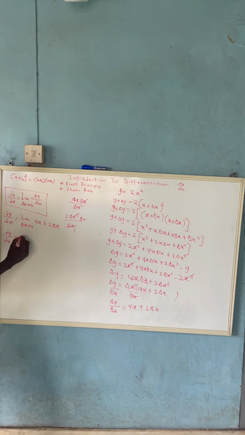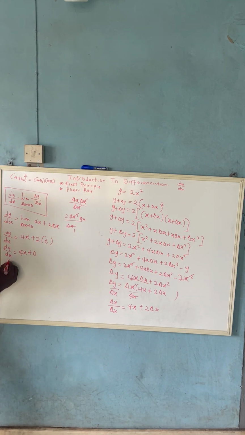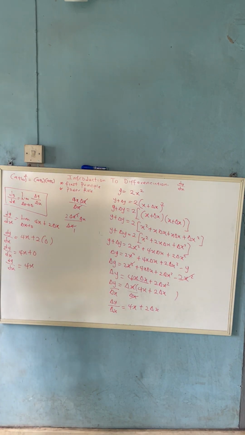So we are going to have 4x plus 2, what is change in x there? 0. So now dy over dx is equal to 4x plus 2 times 0, that's going to give us 0. So finally, dy over dx is going to give us 4x plus 0, that's going to give us 4x.